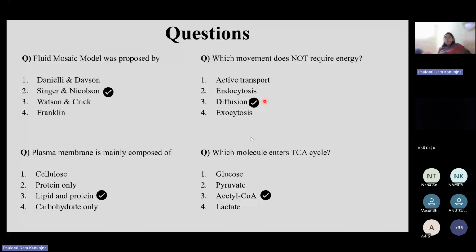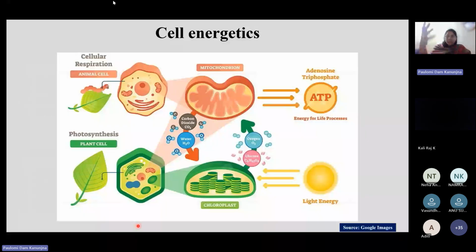So we have mentioned all the different processes in the cells, right? You need transcription, you need translation, you need to move substances out of the cell and inside the cell, you need to replicate, you need to do protein synthesis, all this stuff. You require energy for them. So where do you derive the energy is what cell energetics talks about.